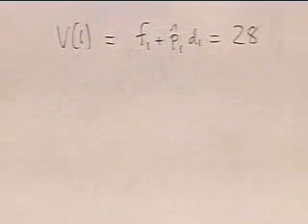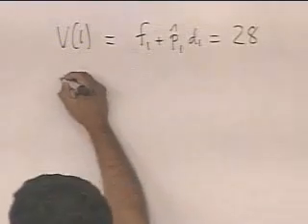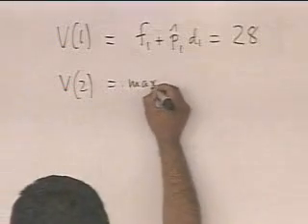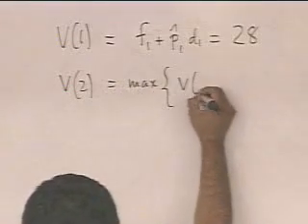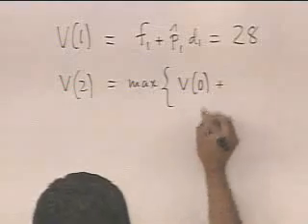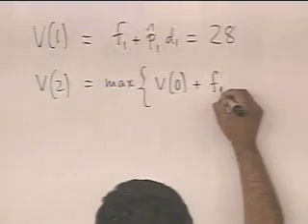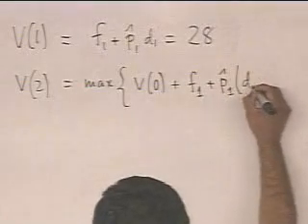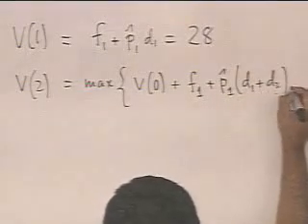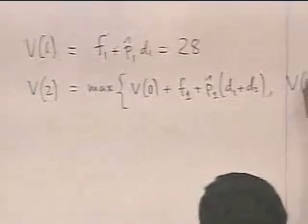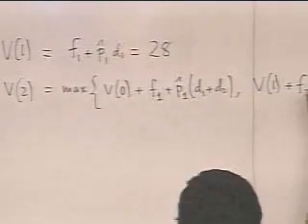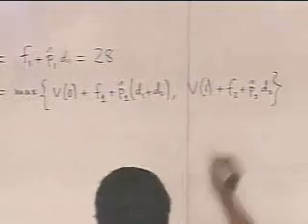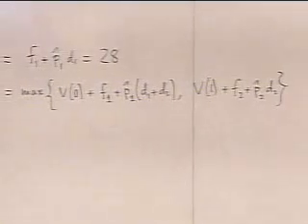Okay. V hat of 2, or V2, is going to be the minimum of two quantities: V of 0 plus f of 1 plus p hat of 1 times d1 plus d2, or V of 1 plus f of 2 plus p hat of 2 times d2. Now let's just try to figure out what's happening here.